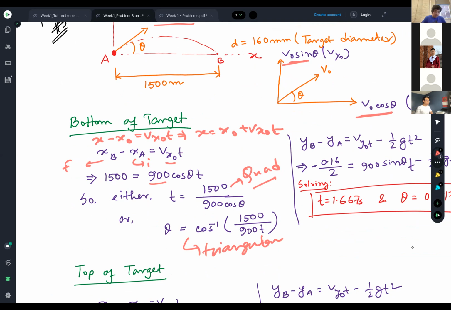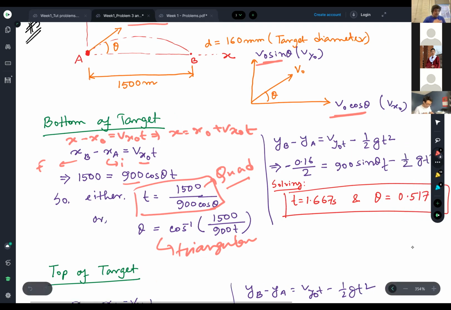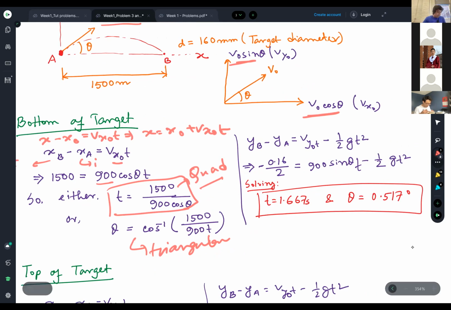But if you want to do it, feel free to do it. It will not change the answer. Okay, so for now we have this relation between theta and t, and we have solved the horizontal component of this velocity for this projectile. Now let's go to the vertical component, okay?